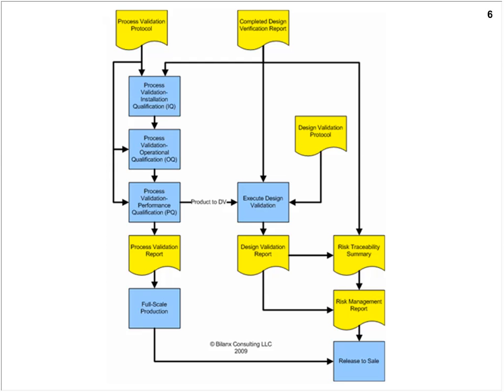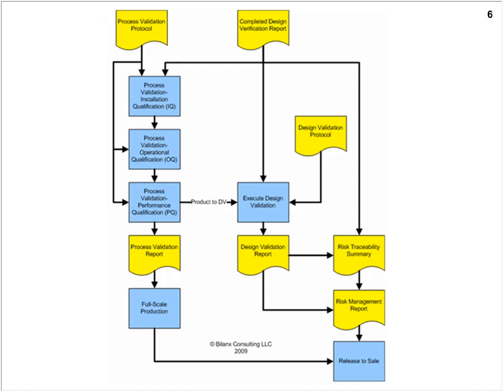Following successful completion of OQ, then we'll move into the PQ, or the final phase of process validation. And PQ again requires some documentation as well to accomplish this phase. Now, as I mentioned earlier, we'll be producing some actual product during the PQ phase, and that product is acceptable to use in our design validation phase when it meets the specifications.